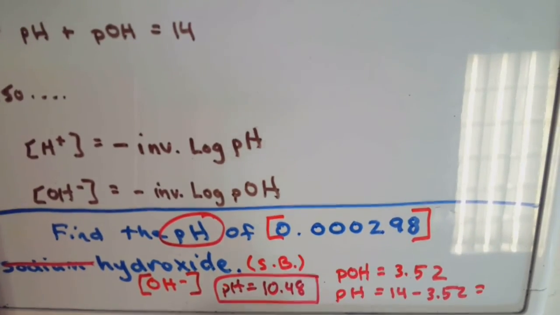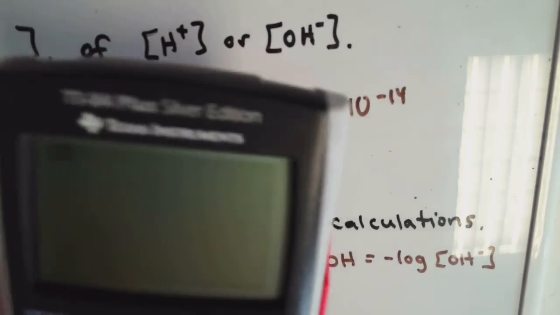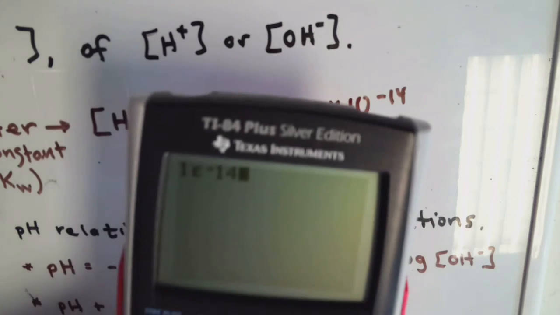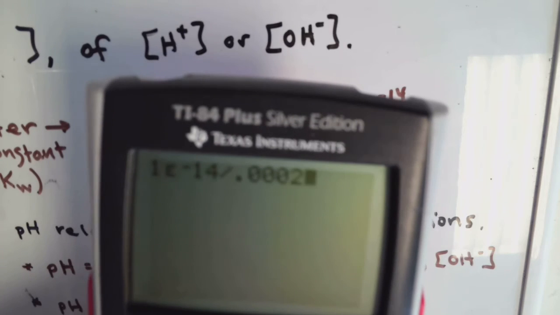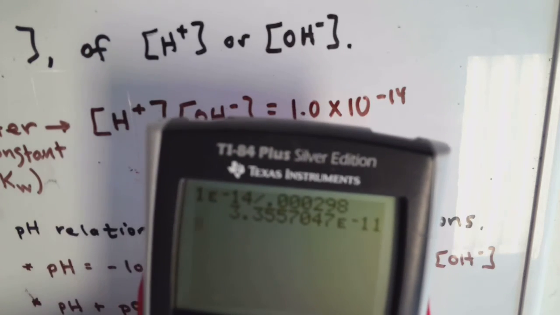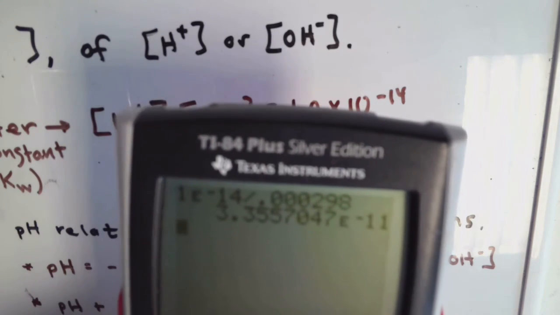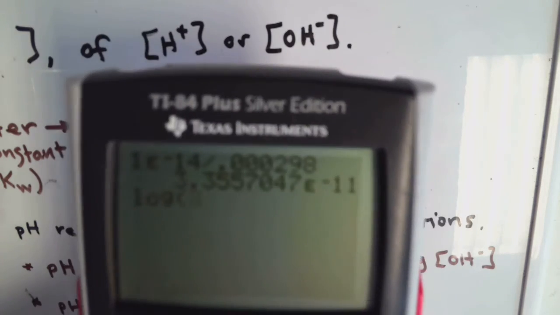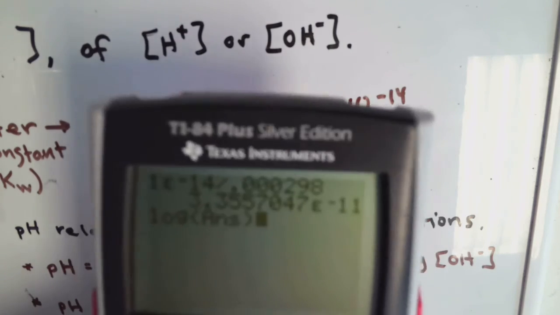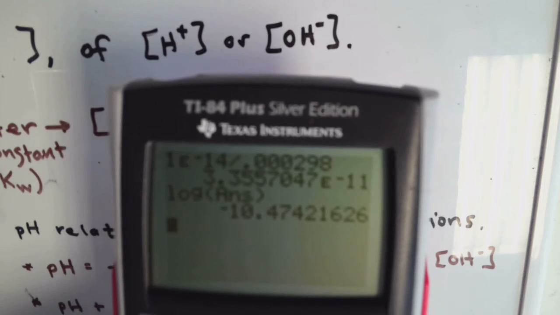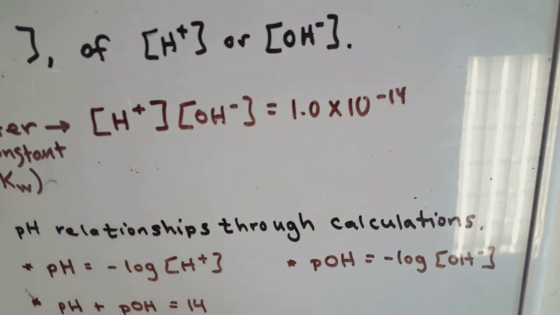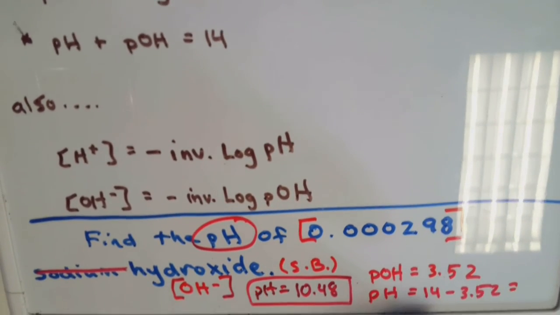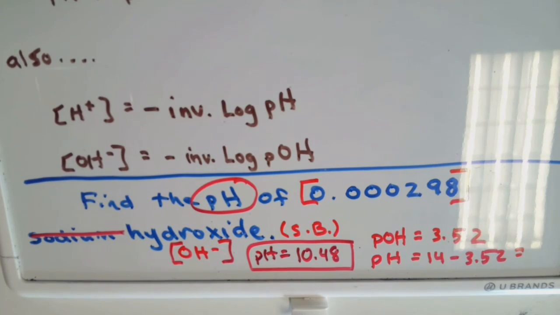So let's try that. 1 EE negative 14 divided by 0.000298. Okay, and then we'll take the log of our answer, and look at that. There is the pH. So that's the other way of doing it. That's just a quick little tutorial on the key equations and an example problem for how to do pH.